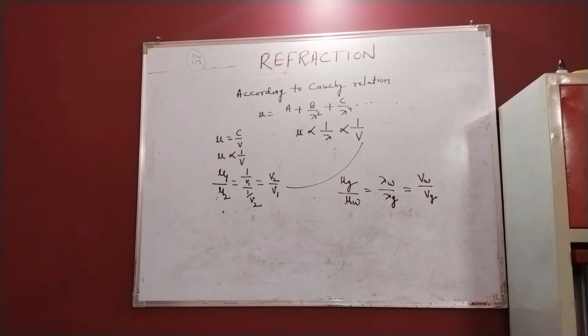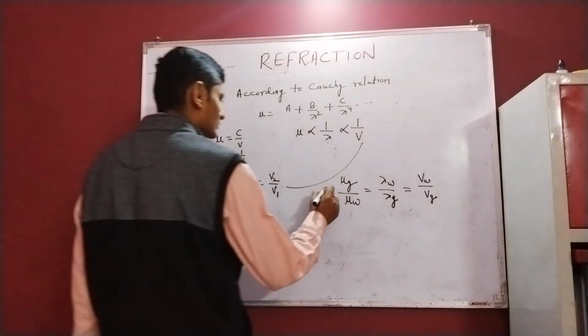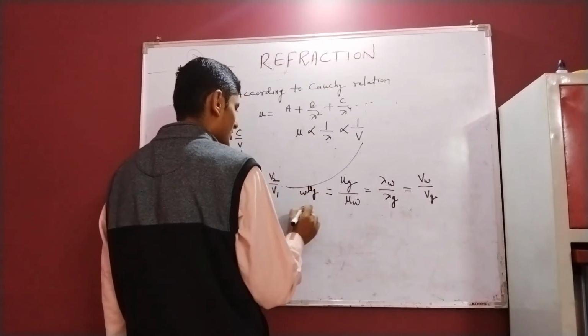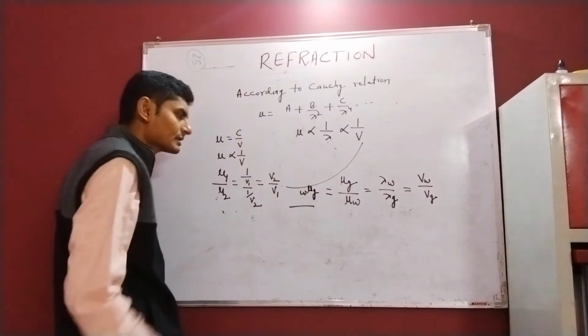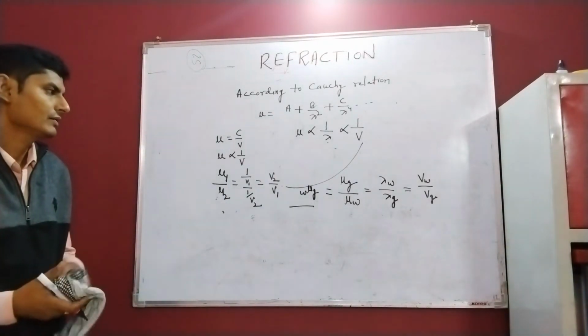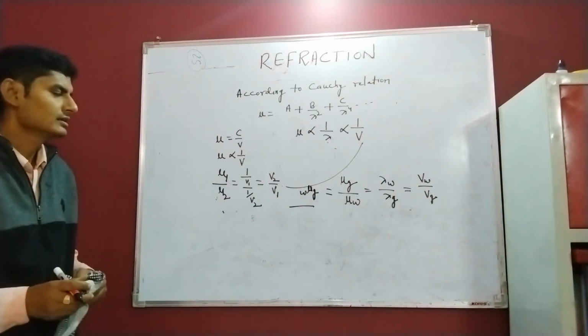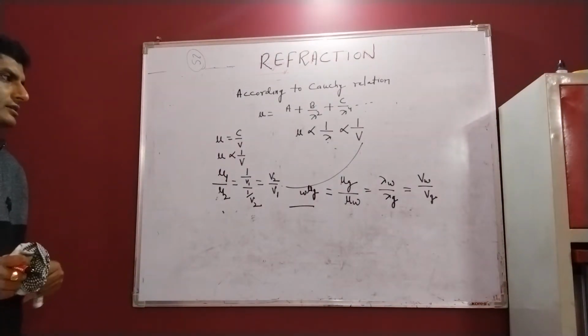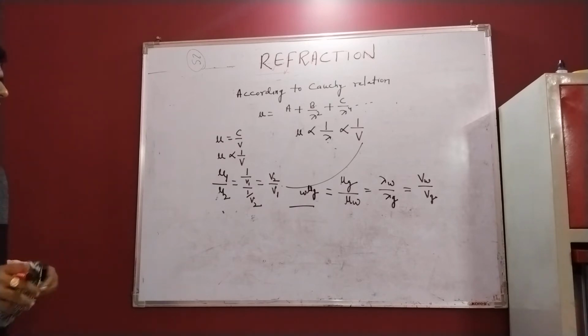Okay. And this is what? Mu g w. So once again I want to tell you that refractive index depends on wavelength, on the nature of the medium, and on the temperature of the medium.